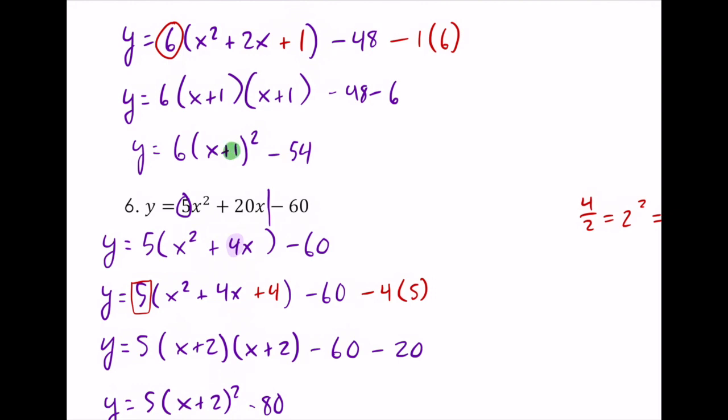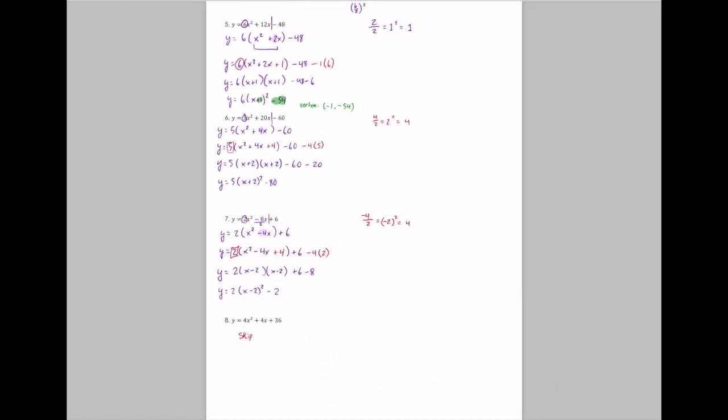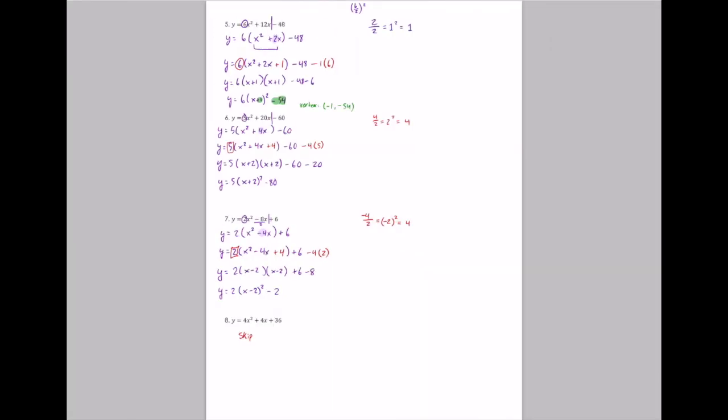So if this is a plus 1 and a minus 54, we want to say that our vertex is a negative 1 and a negative 54. Okay, I'd like you to find the vertex for questions 6 through 12. And once you're done with that, I'll have more instructions on Google Classroom.